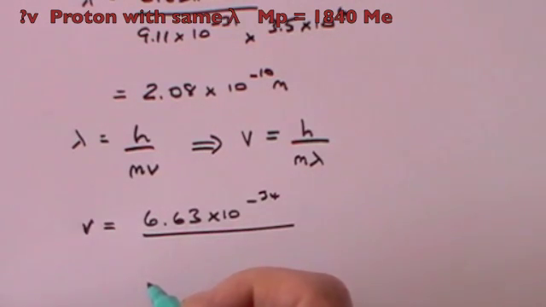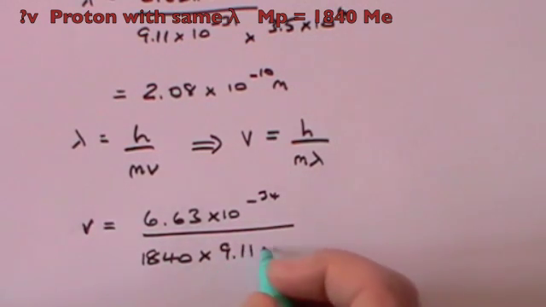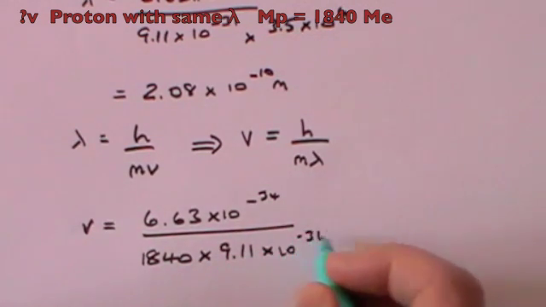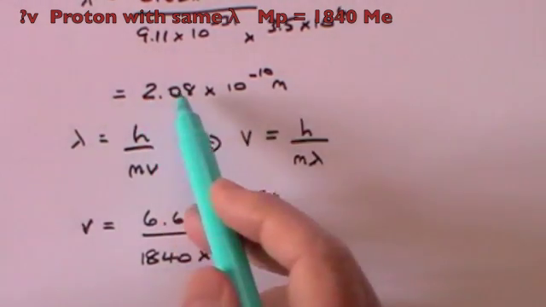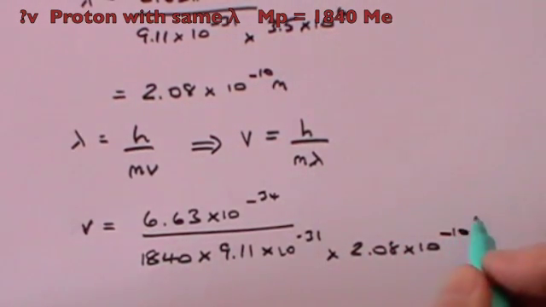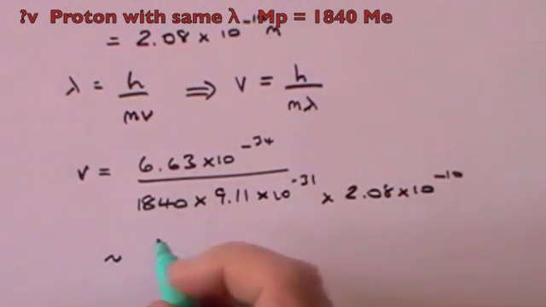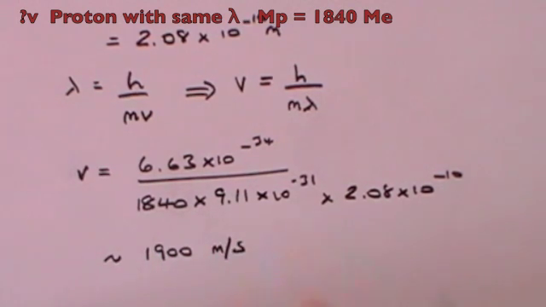That will be 1840 times the mass of an electron, 9.11 times 10 to the minus 31 kilograms, times the wavelength which we calculated, 2.08 times 10 to the minus 10 meters. And again, if you put that through the calculator, you will find that it is of the order of 1900 meters per second.